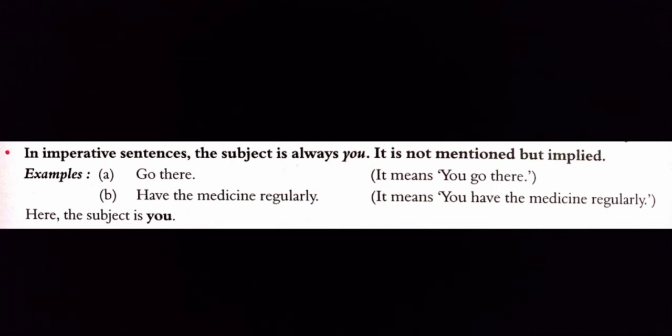The other one, have the medicine regularly. It means you have the medicine regularly. So, in imperative sentences, the subject is always you, Y-O-U, you. It is not mentioned but implied. It is understood. The subject is you.